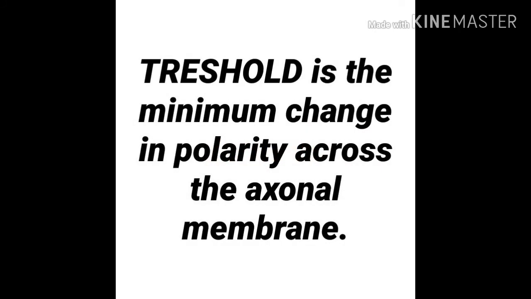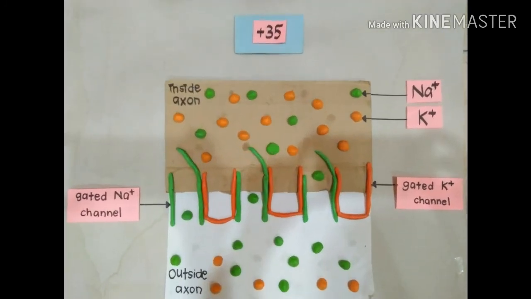The threshold is the minimum change in polarity across the axonal membrane. So, if the threshold is reached, you can see in the model that many more sodium ion channels open and cause the sodium ions to enter the neuron.